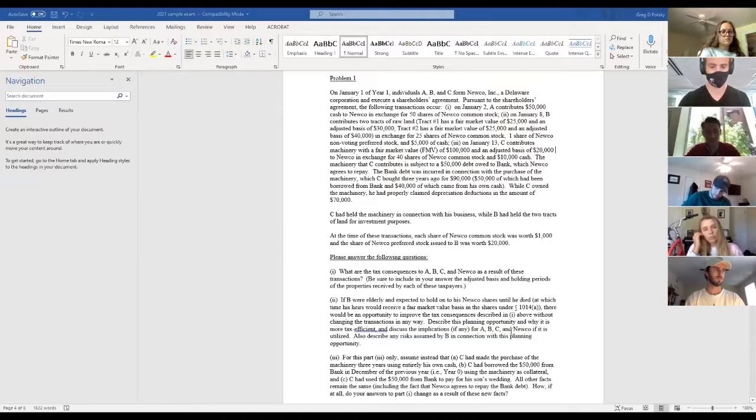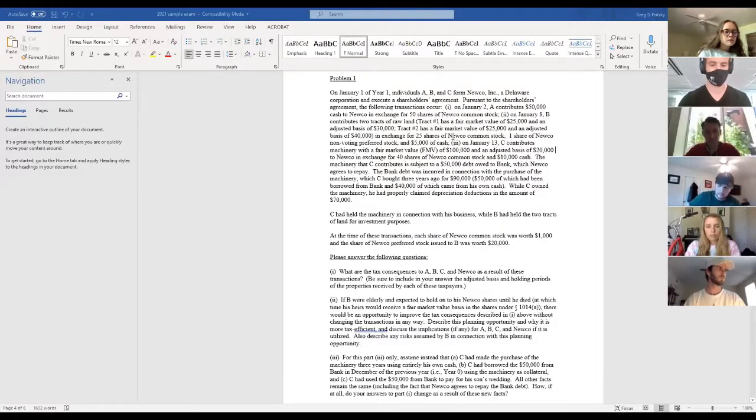And if so, we would reduce C's basis in the stock from 65 down to 45: 25 in the common and 20 in the preferred. So another way to say this, instead of reducing the basis in the land down to fair market value, we're going to reduce C's stock basis down to fair market value.